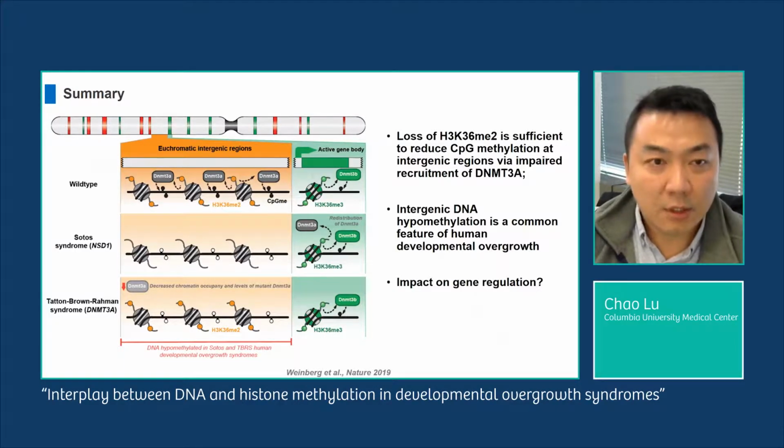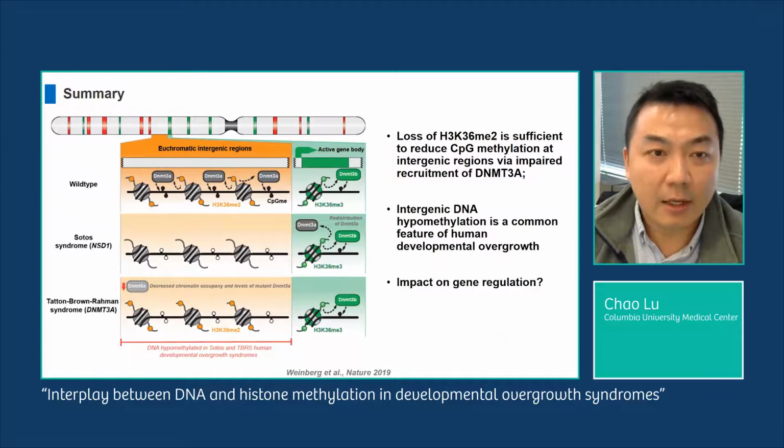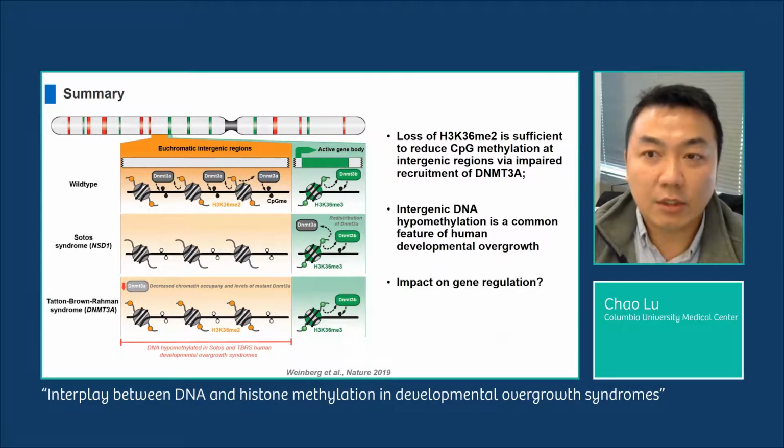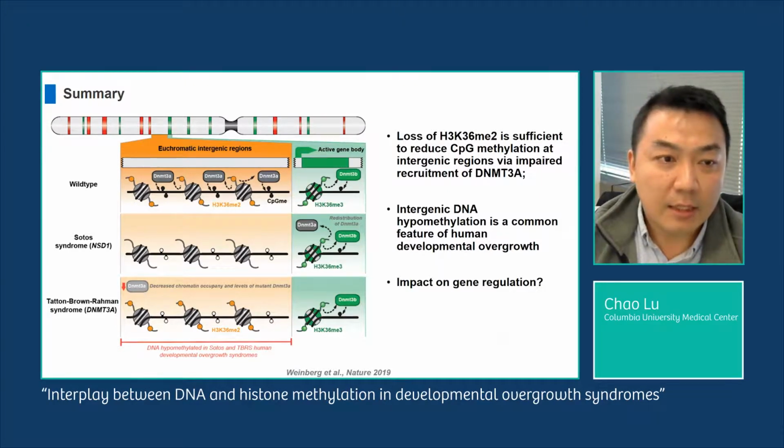Taking all those data together, in this recently published work, we think that there is a close crosstalk between DNMT3A and NSD1, in that NSD1 mediates H3K36 dimethylation, which is specifically recognized by DNMT3A and facilitates its recruitment to intergenic regions to maintain intergenic DNA methylation. In the setting of Sotos syndrome, there's a loss of NSD1, so the K36 dimethylation is lost.